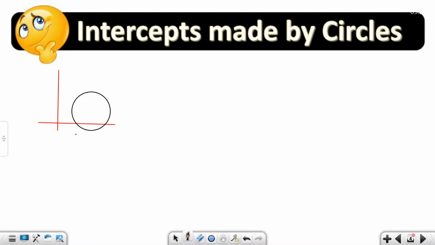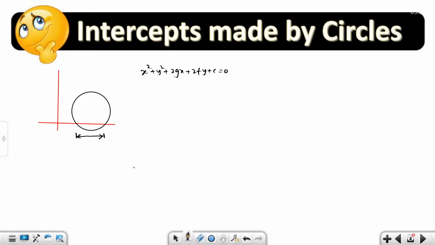So what we want to find here, let us say the equation of the circle be the general equation. Now we want to find out the intercepted length, that is, this length.